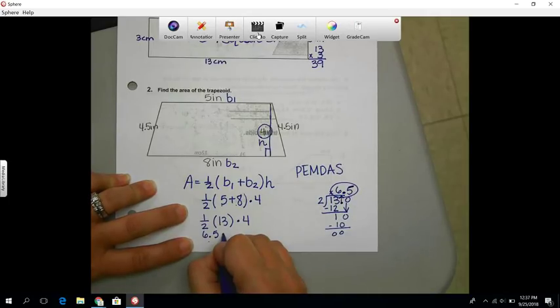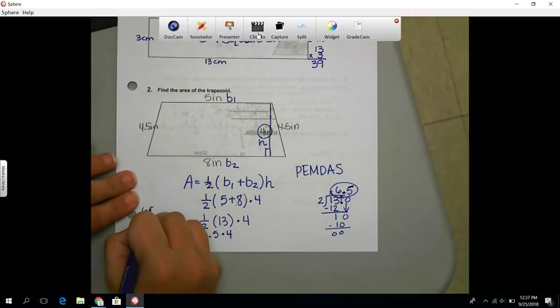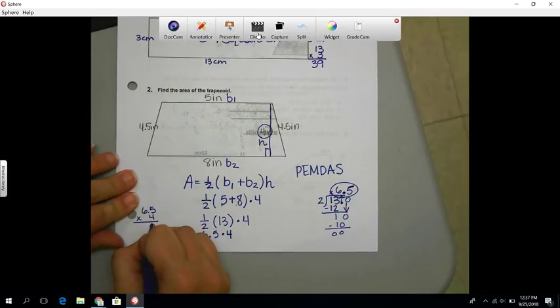Now we need to do 6.5 times the height, which is 4. So neatly, I will work it right here. 6.5 times 4 is 20. 24 plus 2 is 26.